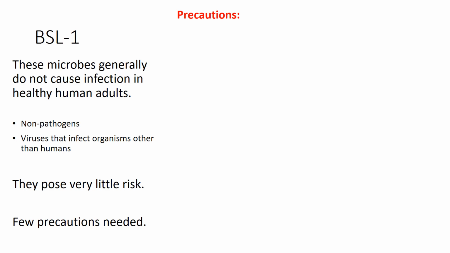Now, if you are immunocompromised for any reason, well, you may become infected and may have a disease through an organism that is classified as a BSL-1 microorganism. But otherwise, a normal, healthy individual does not get infected under normal means by a BSL-1 organism. So in other words, they pose very little risk and very few precautions are needed.